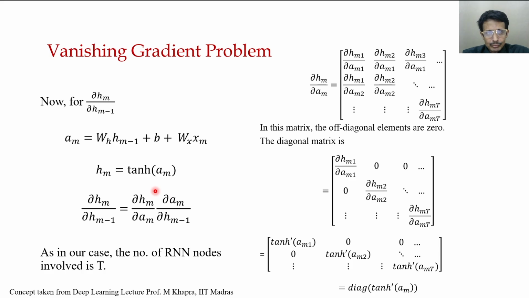And what is this? It is the derivative of tanh, tanh prime of am1, tanh prime of am2, and so on. So it is basically a diagonal matrix with these diagonal elements.